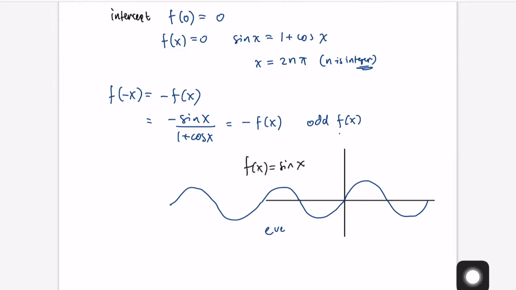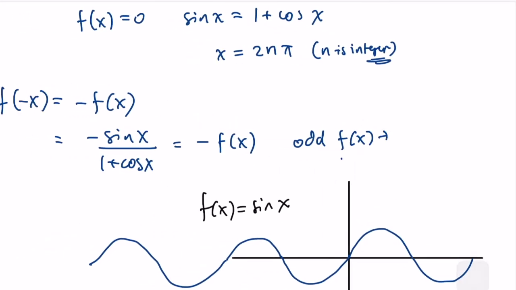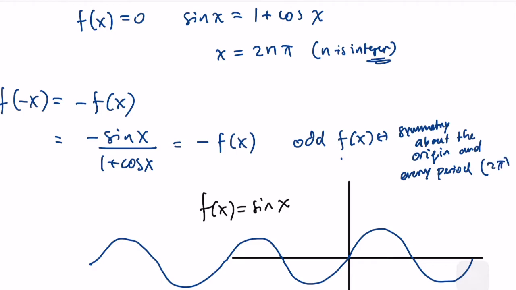So every 2 pi, this will be the period. Now if we see the odd function here, we can say that it's symmetric about the origin, and this period is 2 pi.